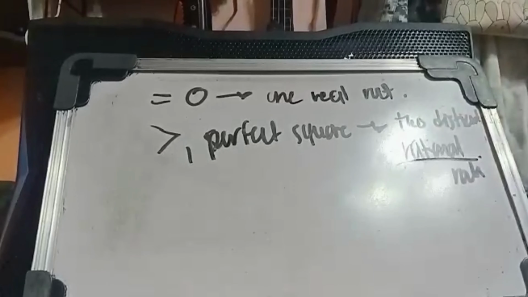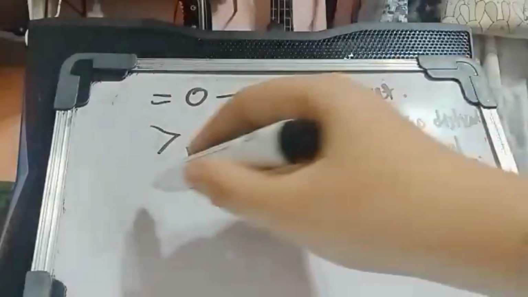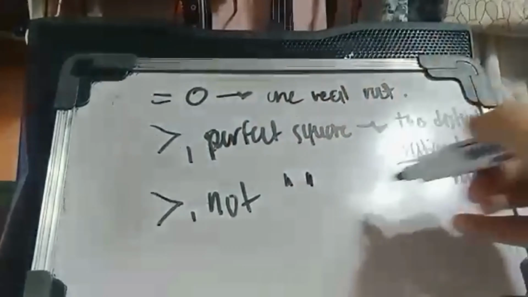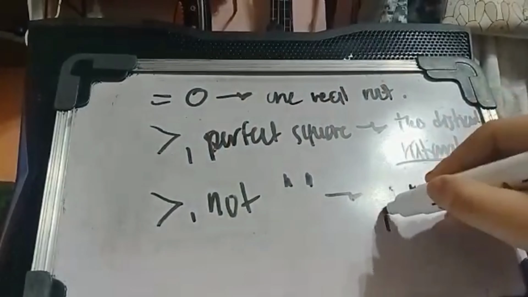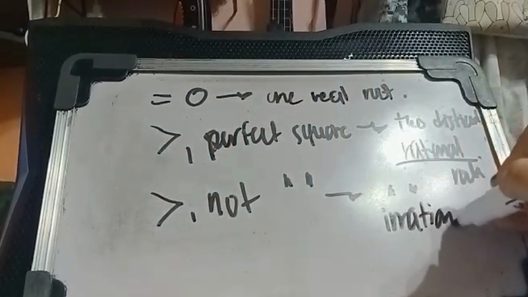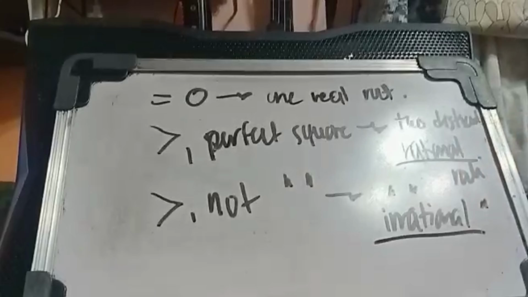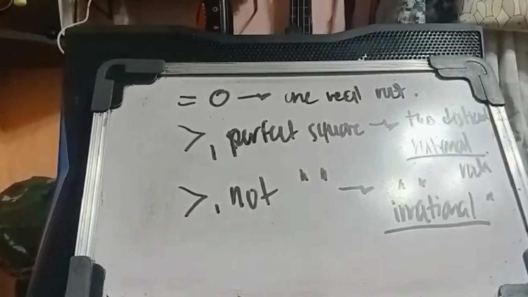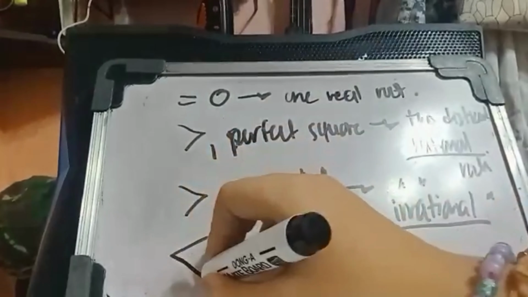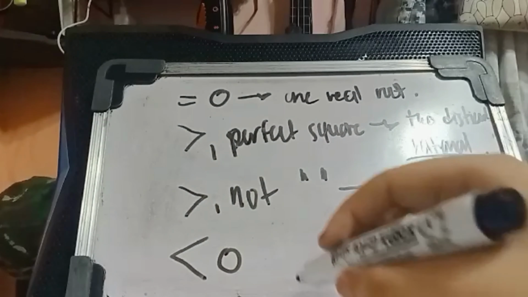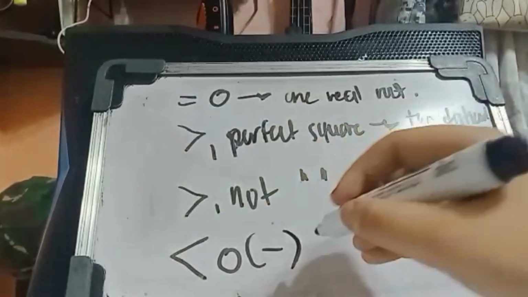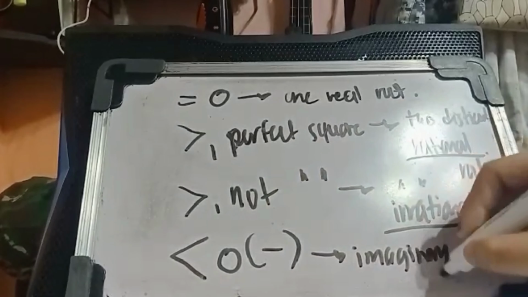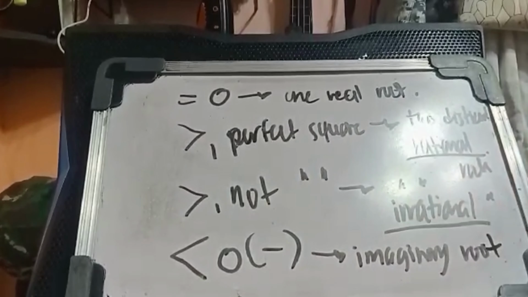Pero, if it's more than 0, but it's not a perfect square, then it's two distinct irrational roots. And lastly, meron din tayong less than 0. Negative, which is an imaginary. Okay? Gets?